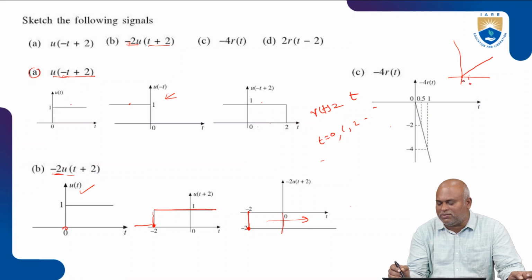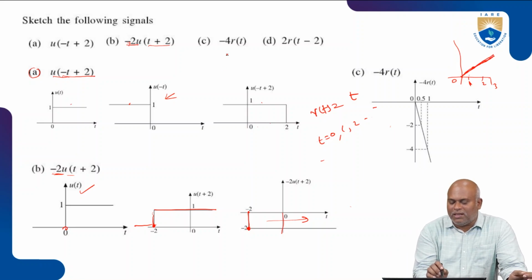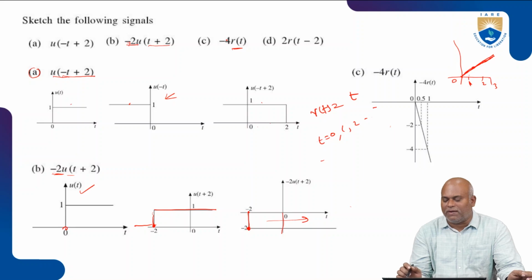This is 0, 1, 2, 3. Then this is 1 in the sense 1, 2 in the sense 2, 3 in the sense 3. This is a continuous signal. We join all the points and get a straight line. Now this is represented as r of t. Now we go for the r of t into minus 4 r of t.